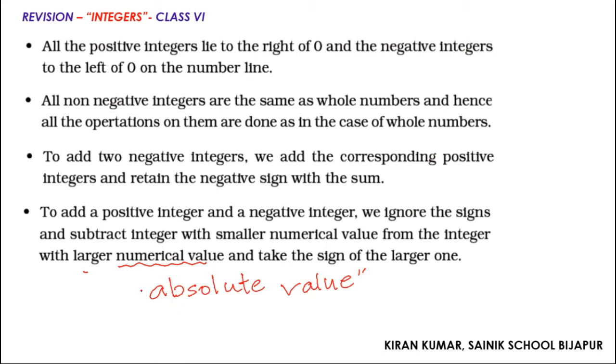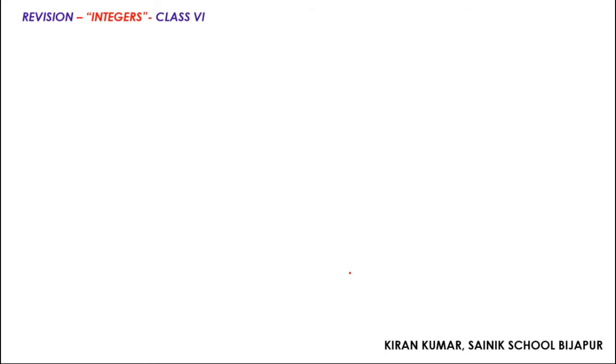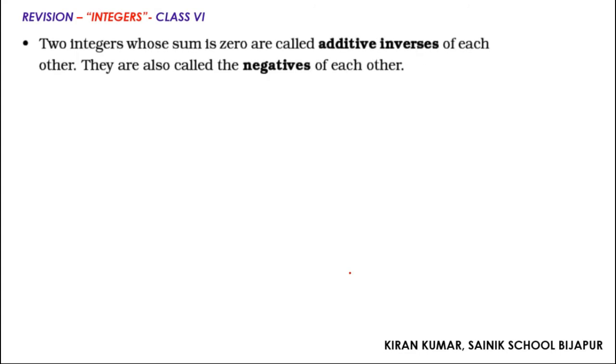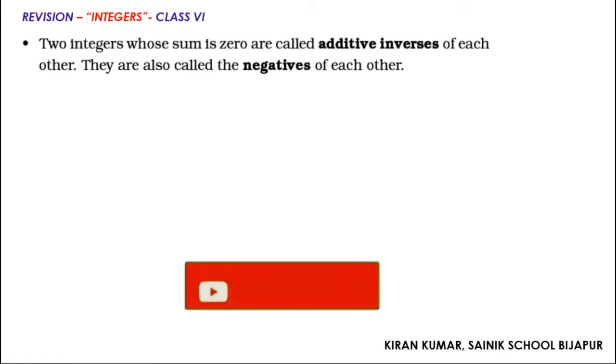Absolute value is same as the numerical value. In the discussion when the chapter was going on, I had mentioned that absolute value is same as the numerical value. Two integers whose sum is 0 are called additive inverse of each other.